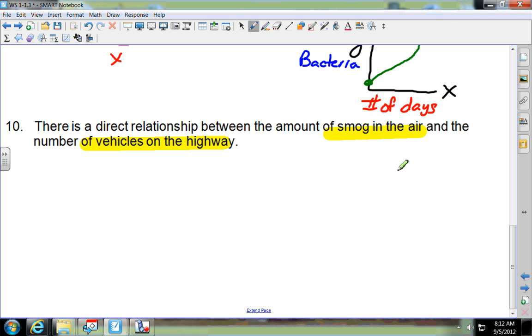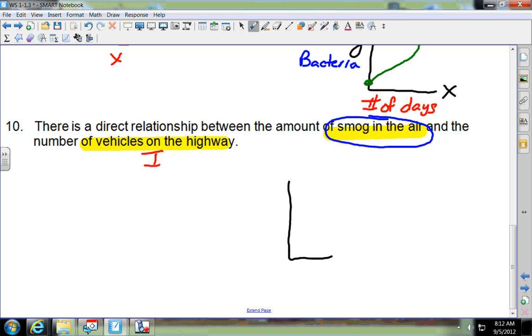Smog is basically pollution in the air. So what has to happen first? Does smog just happen? No, the cars are going to help cause the smog. So that's your independent. Your dependent is going to be the amount of smog in the air.